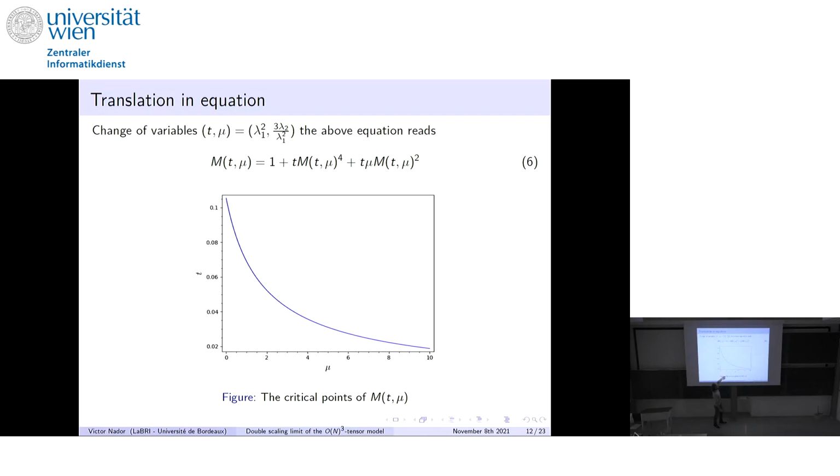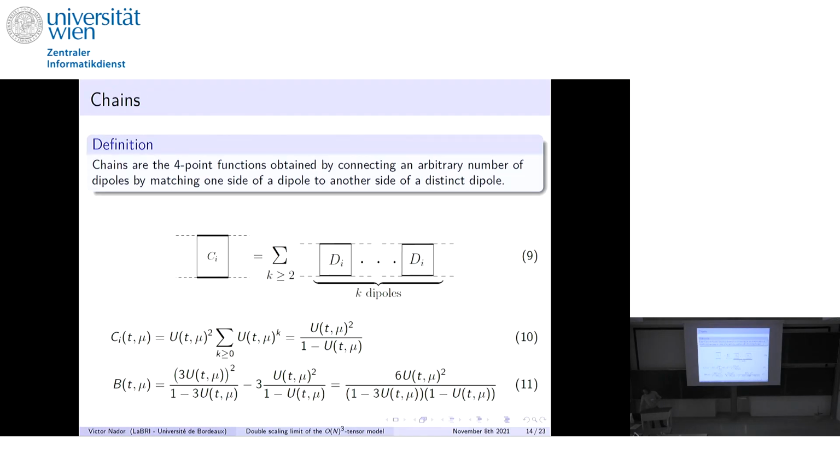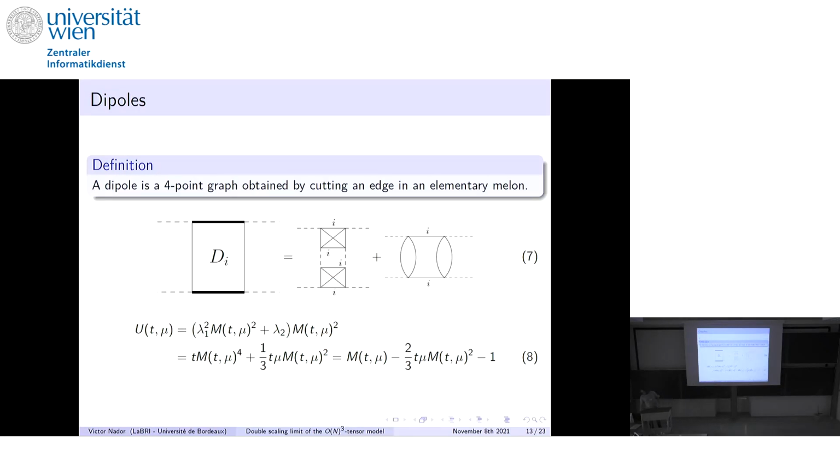So if you run into this blue line first, which is a critical point for M, or if you run into a critical point for C or B. So the new critical points for C or B are the values such that u equals 1 or u equals 1/3. And actually, it turns out that u equals 1/3 is exactly the same as the blue line I have drawn here.